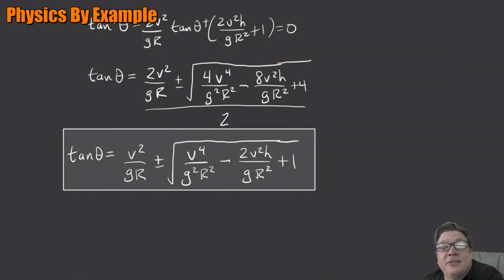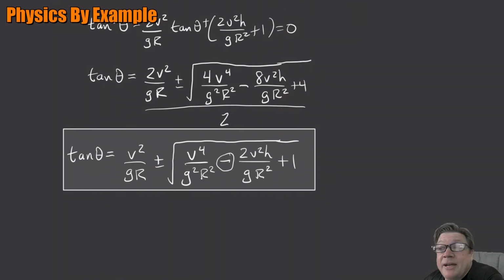H, how high is the target? If it's a negative H, down below where we launch, we would just make that plus. You just switch the sign. And then we just add 1 there at the end. So if you plug all these numbers in, what you're going to get is the tangent of the angle that you should point the gun.